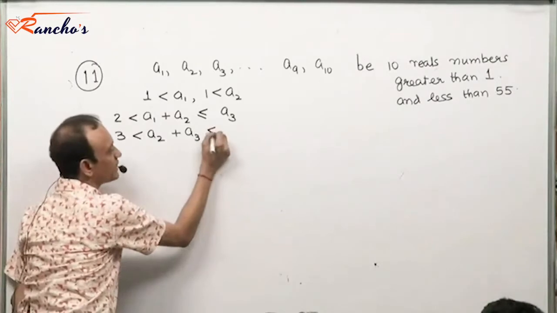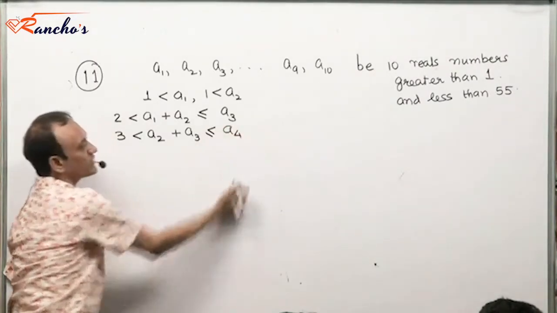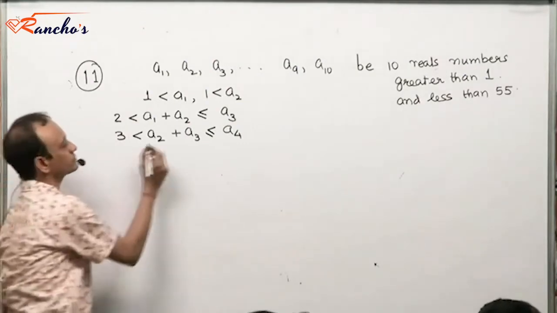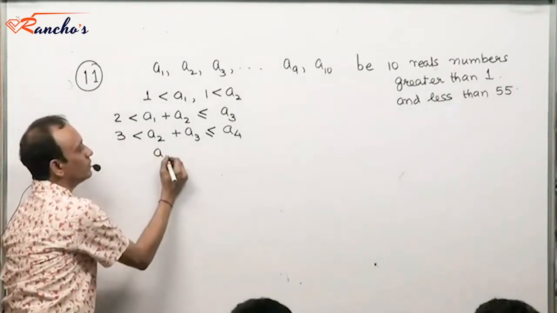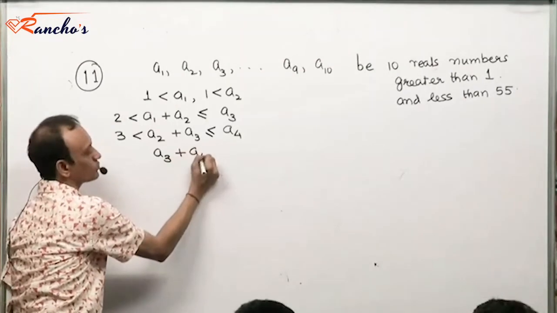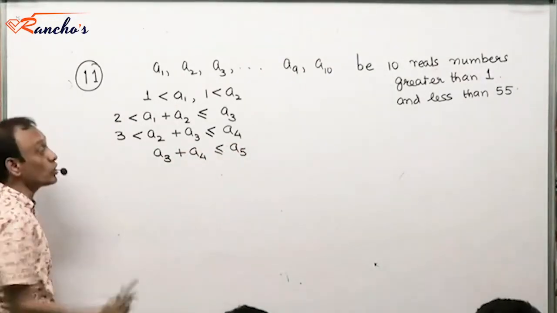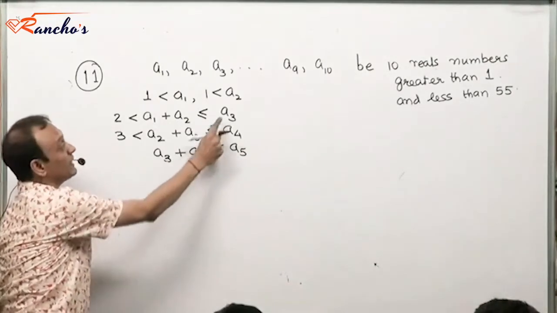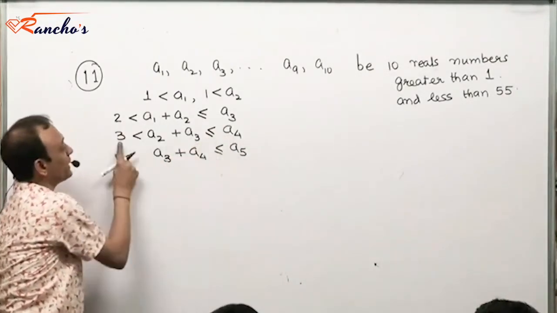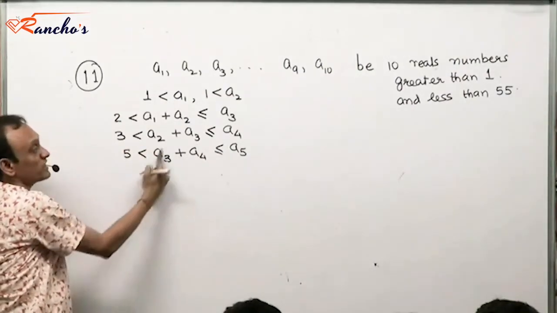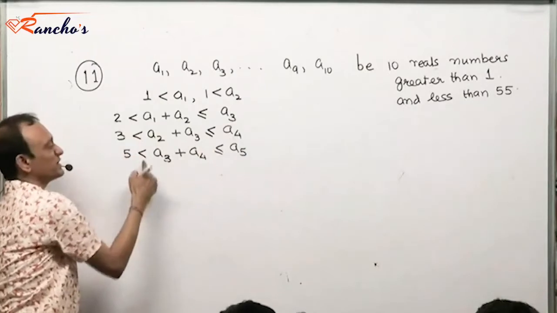And A2, A3, A4 also don't constitute sides of a triangle. Now, A3 plus A4 less than or equal to A5. Again, I am assuming they don't. Now, A3 greater than 2, A4 greater than 3. So this is greater than 5. Yes or no?